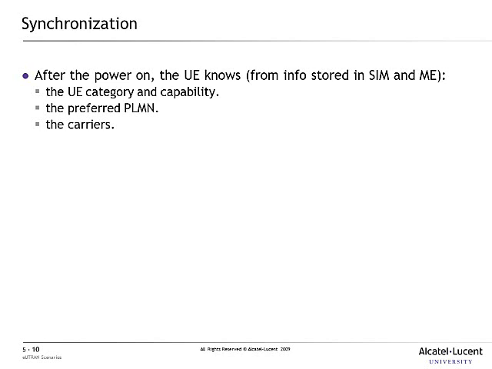Most of the information stored in the SIM refers to the preferred PLMN that should be used, and the carriers. The ME will also have information about the category and the capability of the equipment, because some equipment is capable of MIMO, others are not capable of MIMO. So when you switch on, your mobile collects all that information, and it knows.